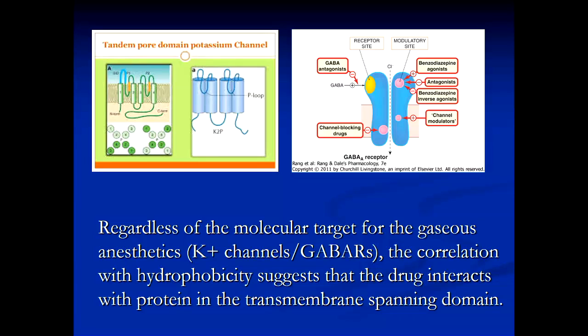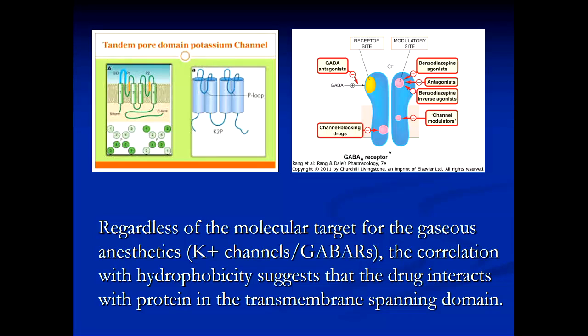And so whether it's a GABA receptor or a potassium channel, these gaseous anesthetics are likely getting into the phospholipid bilayer and interacting with the protein complex of potassium channels or GABA receptors accordingly in the membrane, in the transmembrane spanning domain of these proteins.